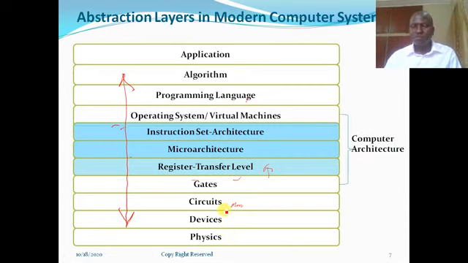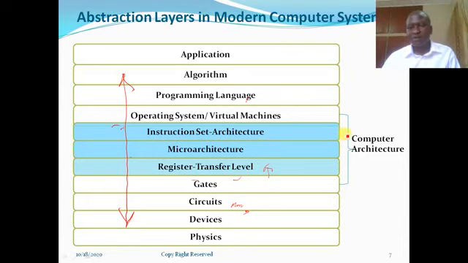Now, in the discipline of computer architecture, computer architects or architecture generally falls within these three basic layers here. That is where we have the instruction set architecture, the microarchitecture, and the register transfer level.